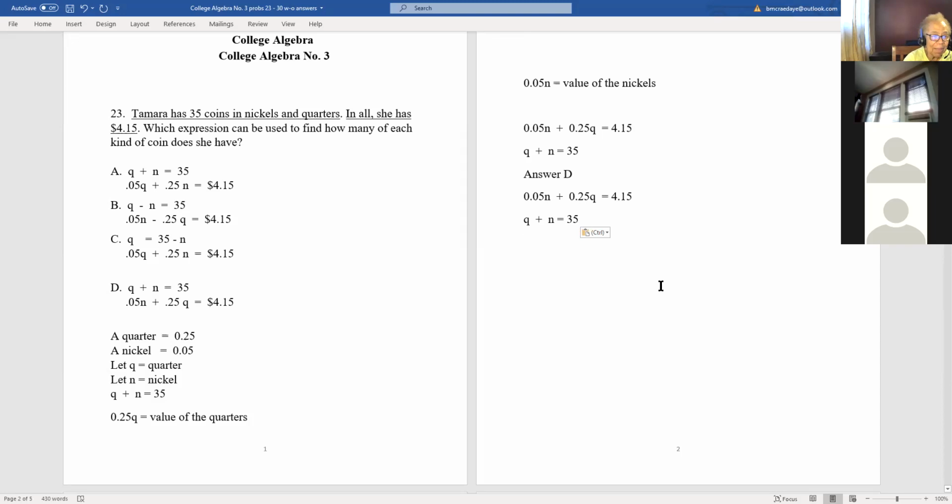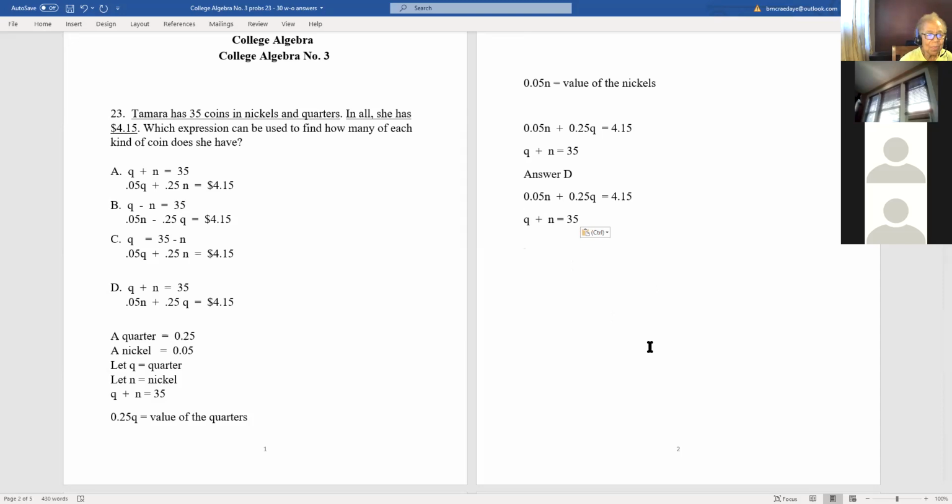No, you multiply them. You have two unknowns, n and q, and you have two equations. What would you do first?